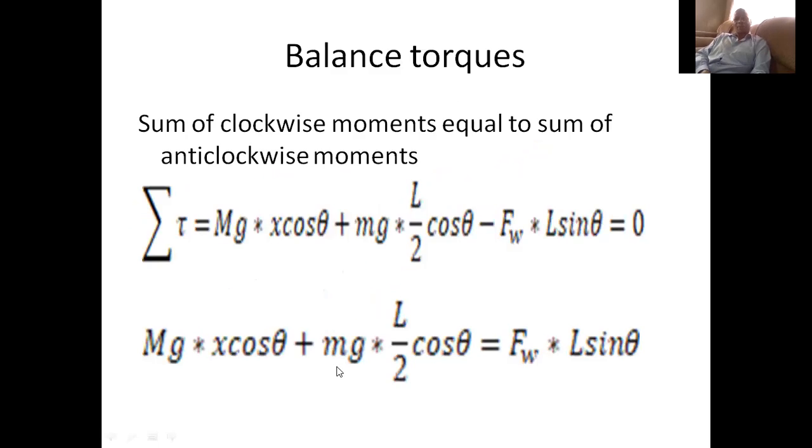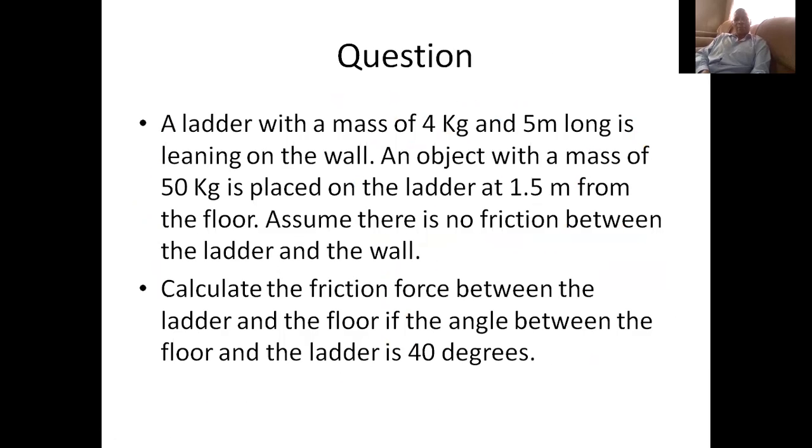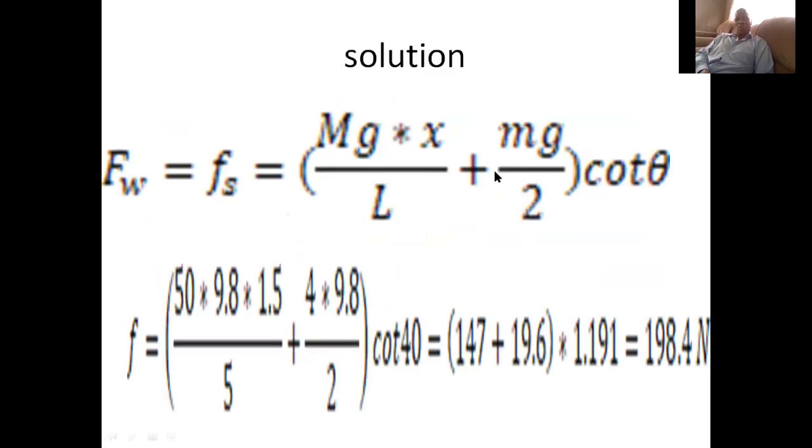What we do is merely use this same equation, and we assume that the object was at 1.5 meters from the floor, and these other parameters remain the same, but we have moved the ladder closer to the wall and thereby increased the angle to 40.